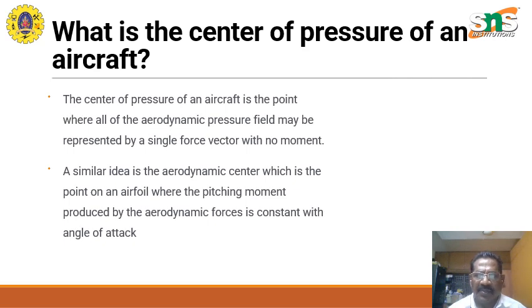So what is the center of pressure of an aircraft? The center of pressure of an aircraft is the point where all the aerodynamic pressure field may be represented by a single force vector with no moment. So it is a point where the entire pressure on the surface is said to be concentrated, and that is the center of pressure.